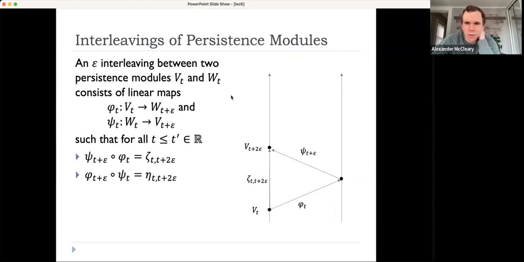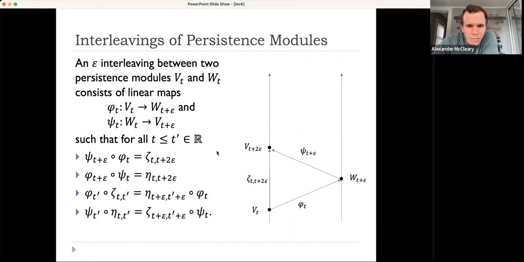Okay, then we also want the reverse one as well. So we start at W_t, then go to V_{t+epsilon}, and then from V_{t+epsilon} to W_{t+2epsilon}. That should be the same as just going straight from W_t to W_{t+2epsilon}.